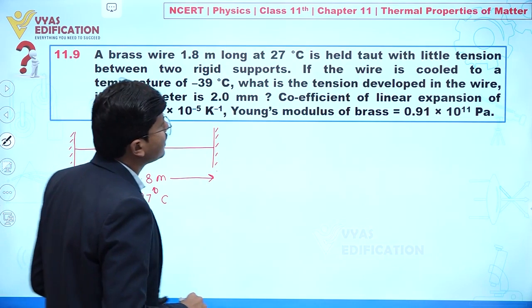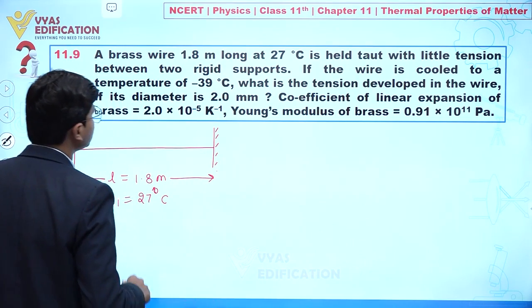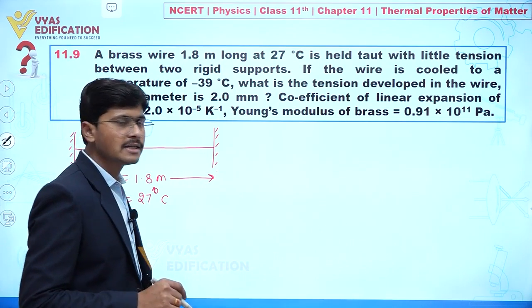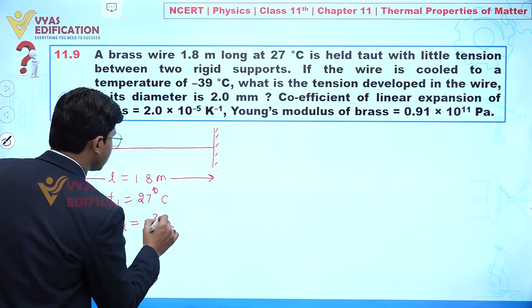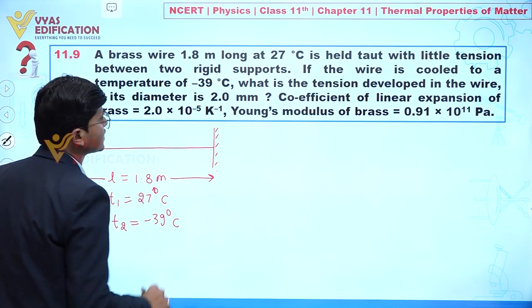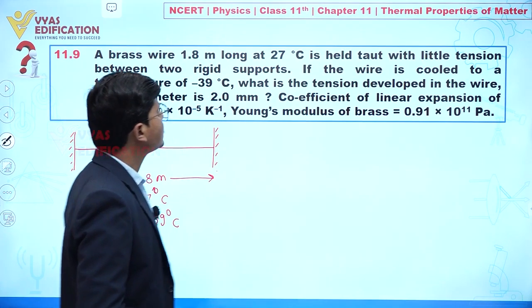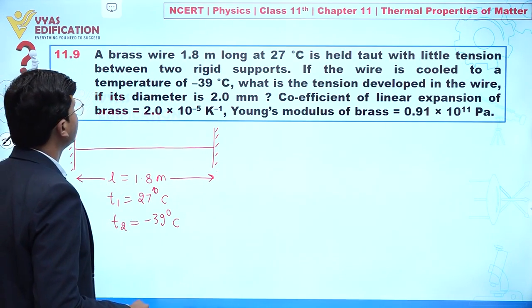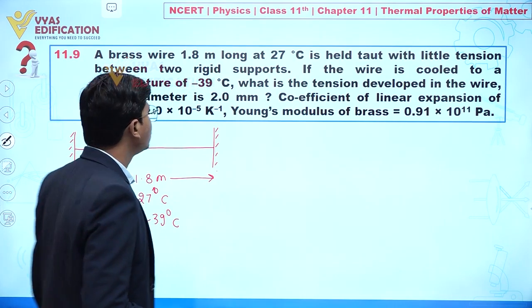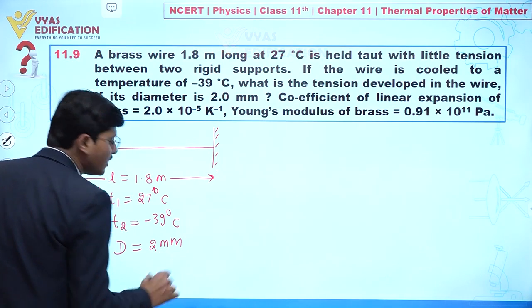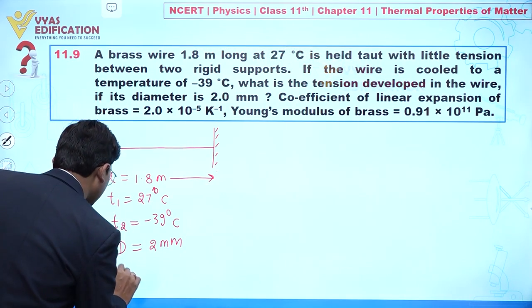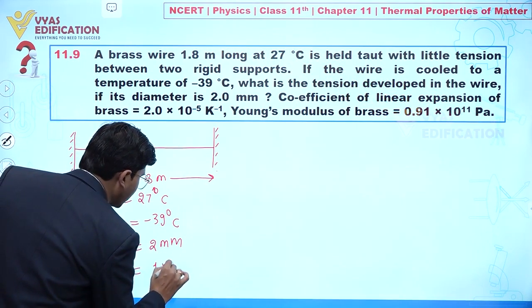If the wire is cooled to a temperature of minus 39 degrees Celsius, so T2 is minus 39 degrees Celsius, then what is the tension developed in this wire if the diameter of the wire is 2 mm? Diameter is 2 mm, so the radius is 1 mm.